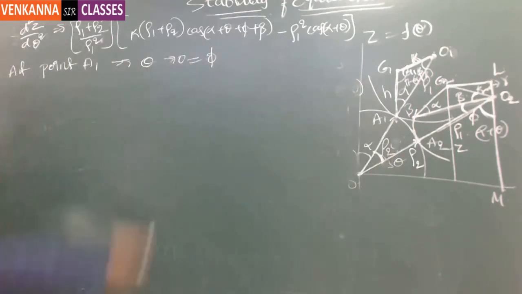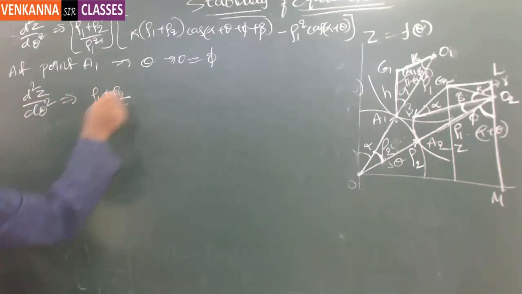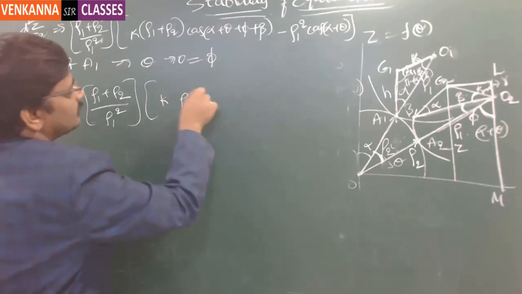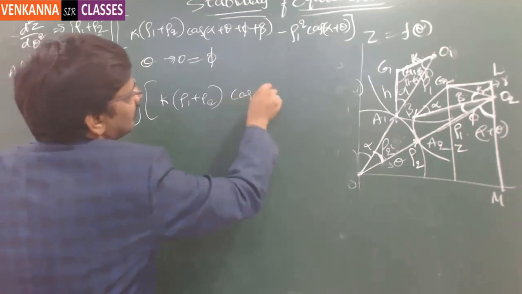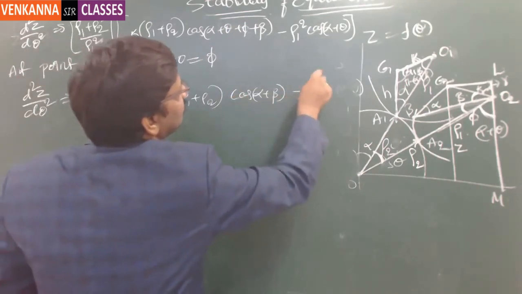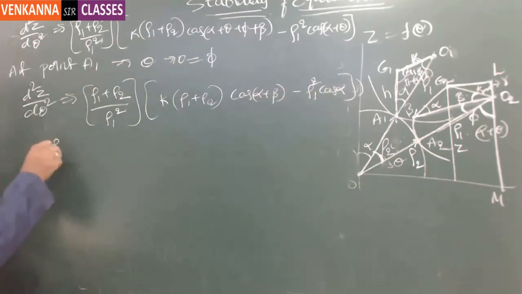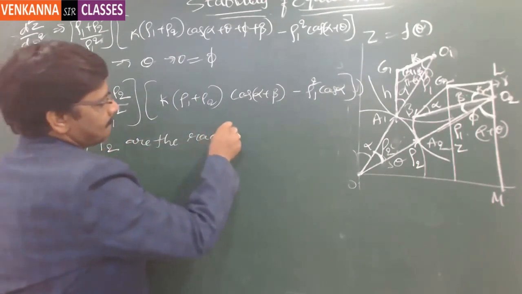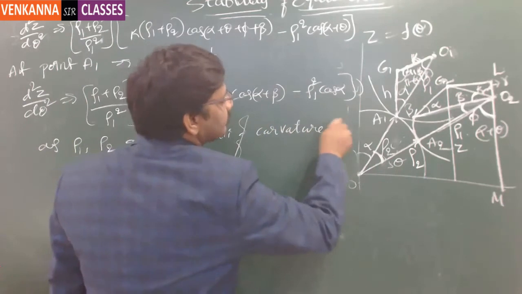Now if you substitute the values of phi and theta at this location, d²z by dθ² is equal to (ρ1 + ρ2) by ρ1 squared and k times (ρ1 + ρ2) into, so theta and phi you can make 0, this value is cos(α + β) minus ρ1 squared cos α. So this is anyway a positive value, as ρ1, ρ2 are the radii of curvature. So hence always positive.